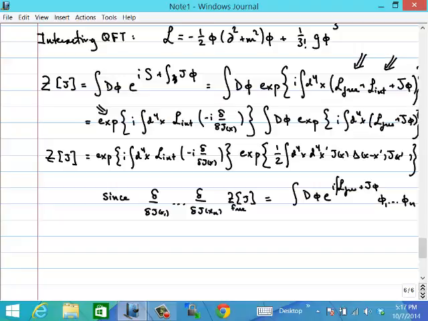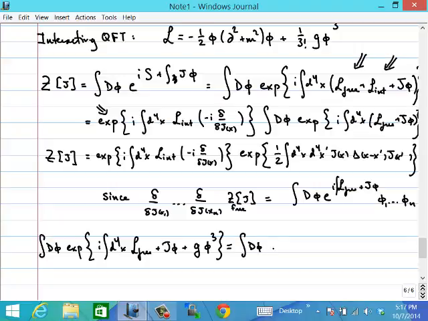Okay. So in particular, let's start with the integral d phi of the exponential of I times the integral d4x of, let's call it L free plus j phi plus, let's call it g phi cubed. So what is that? Let's write this as the integral d phi times e to the I, let's just call it S naught plus j phi, just to keep my notation simple, S naught being the action of the free theory.